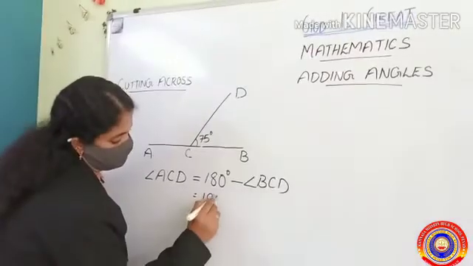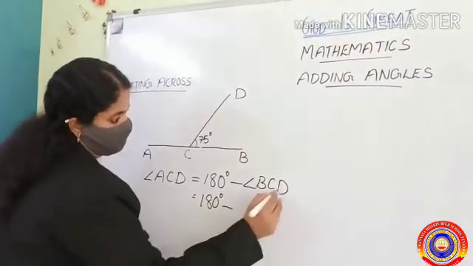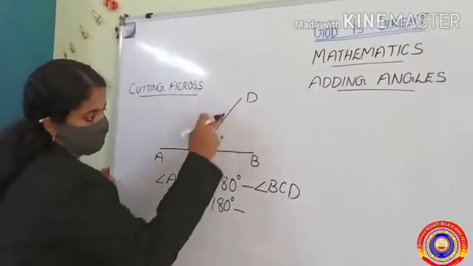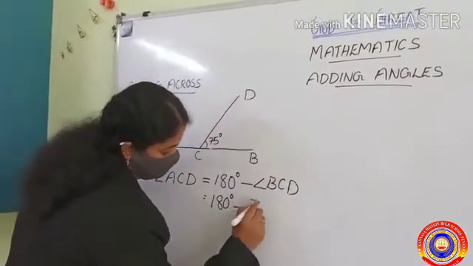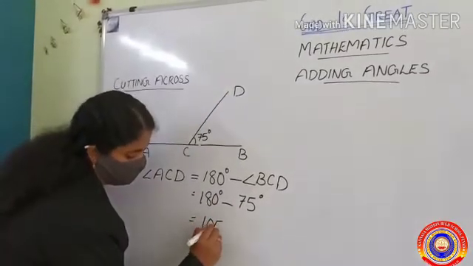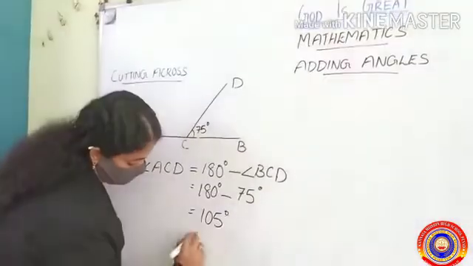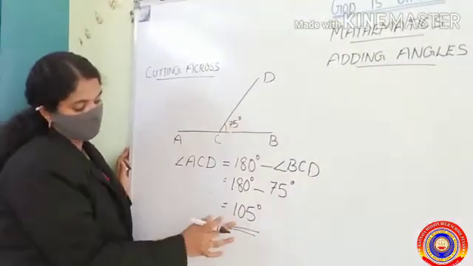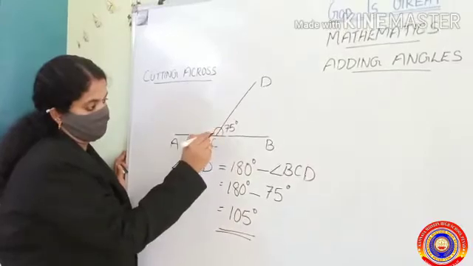That's equal to 180 degree minus 75 degree, that is 105 degree. So we got the angle ACD as 105 degree.